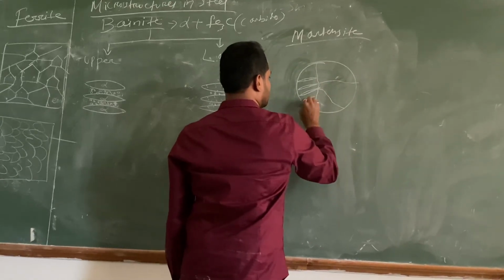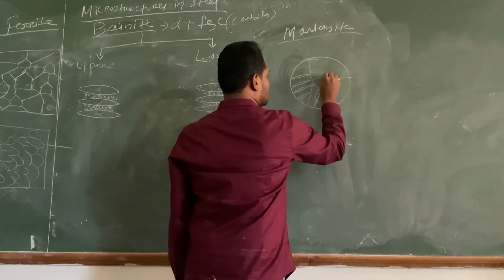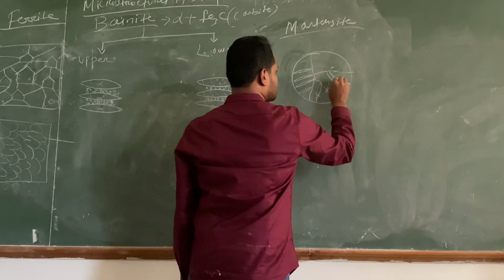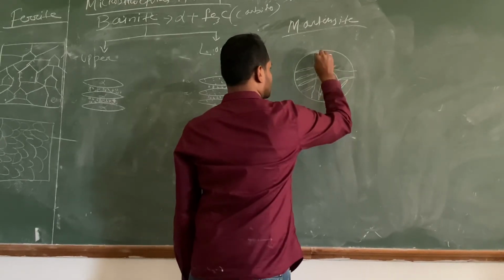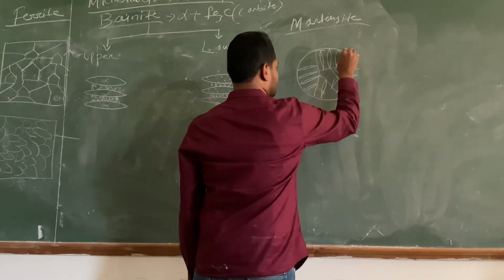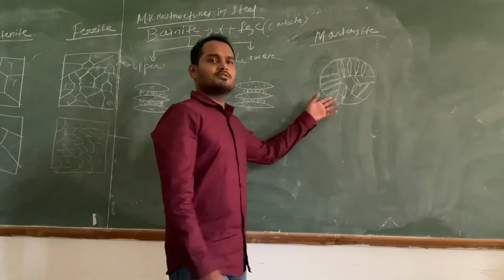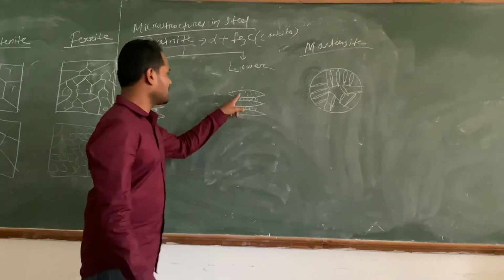So this will be like lenticular shapes. Maybe some go like this, some go like this. These are plates actually. But in the books it is written these are needle shape. Actually not needles. These are plates actually. This kind of plates.